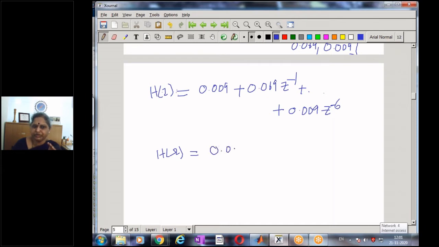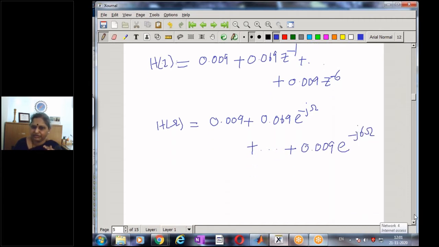One method of computing the frequency response is by replacing z by e to the power j omega. So I have e to the power minus j omega and so on, up to 0.009 e to the power of minus 6j omega. This is one way of doing it.